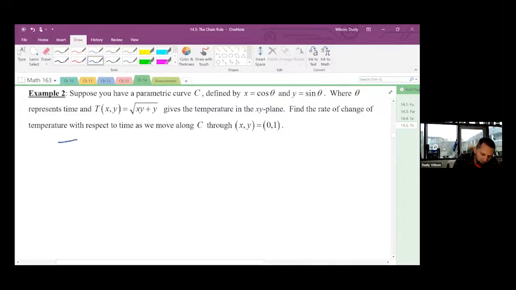So we're saying that T, temperature, is a function of the location x and y, and the locations are functions of the angle theta.